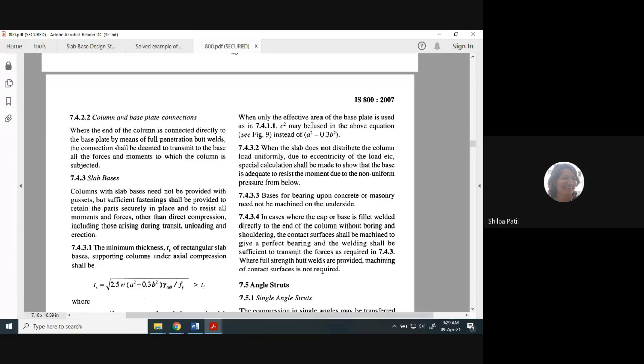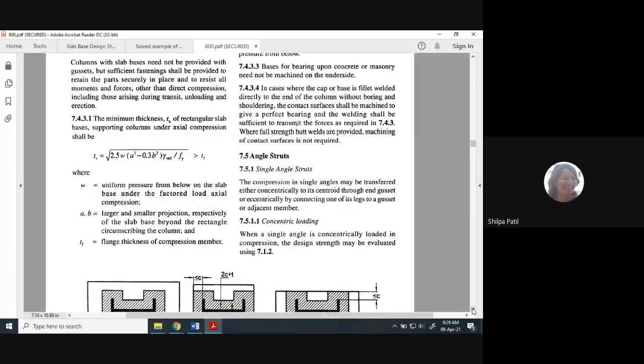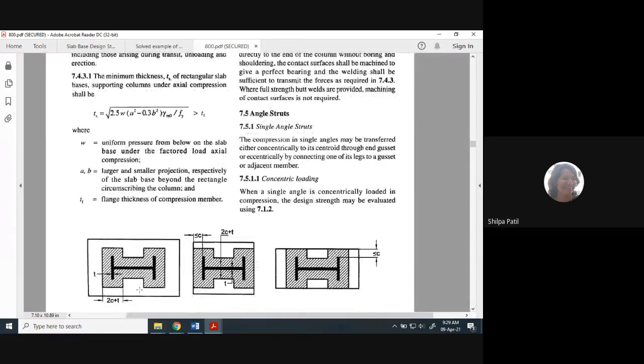When only the effective area of the base plate is used, C square, that value is to be used. Now here, instead of considering the full area, if we are considering the effective area, in that case these projections are to be considered equal, and that value is to be considered as C.